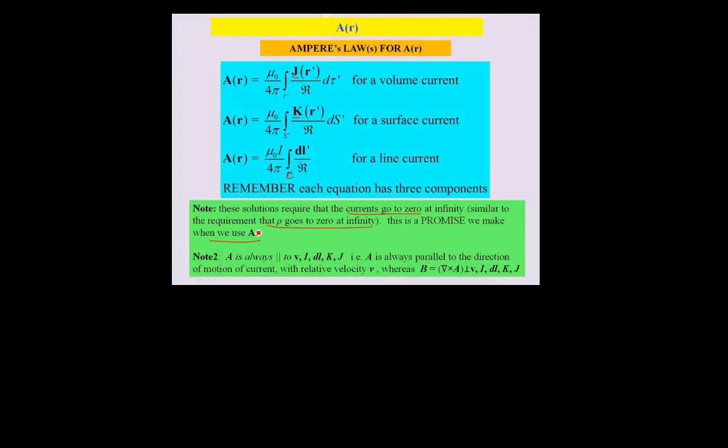This second note then guarantees that we have A parallel to these different velocities or directions of flow. If you take the curl of A, that always gives you a vector B, which is perpendicular to those currents. And that's what we've used before in terms of the relationship of B to the direction of these current flows.